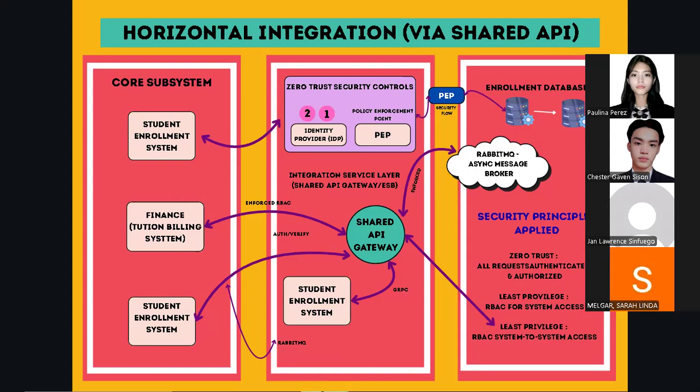In conclusion, horizontal integration via shared API helps connect important school subsystems like enrollment and finance in a safe, reliable, and efficient way. It reduces errors, saves time, and improves data sharing, all while keeping strong security controls in place.